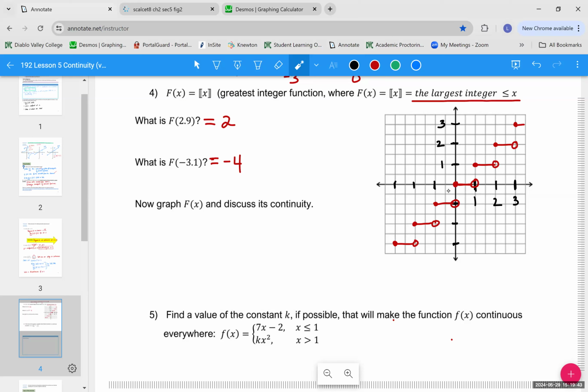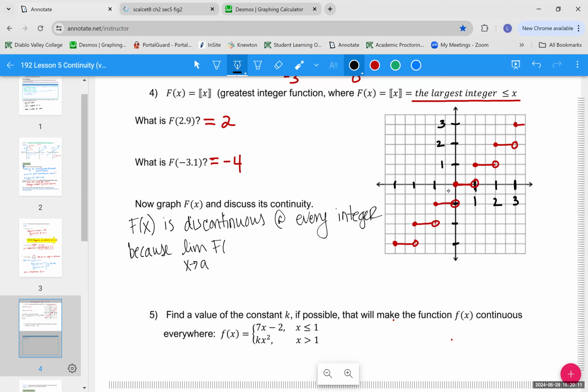So if we were to write that down, capital F of x is discontinuous at every integer because the limit as x approaches a of f of x does not exist at these points.